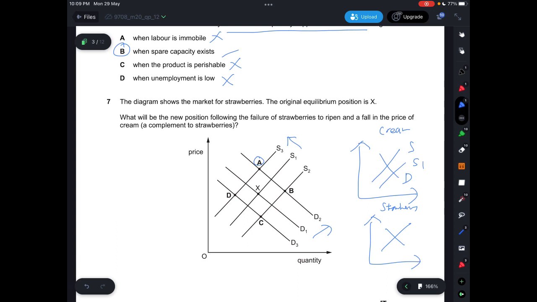And then your demand will shift to the right. So the percentage change is negative because there is a fall in price, and then there's an increase in demand, which is positive. So that means that both of them are complements. So answer is A.